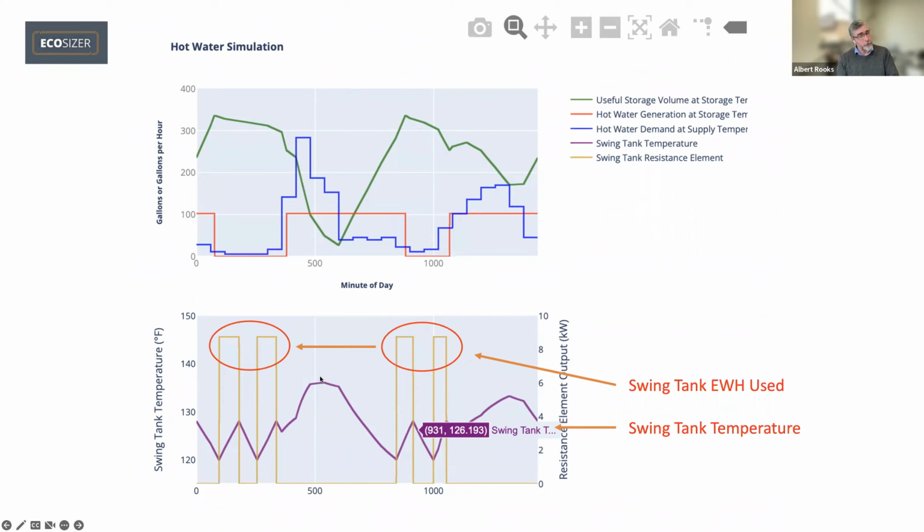So that's all about sizing the swing tank volume, understanding what the recirculation losses are. And if you really want to improve it and you don't want to use the resistance element output kW, and you can see it's about a 9 kW, that's where it lines up across the top. If you switch that to some kind of a heat pump that can give maybe 2.5 COP or something like that, then you'll cut that amount down. And because of the direction and the possibilities that we can engineer, that's a very likely solution.